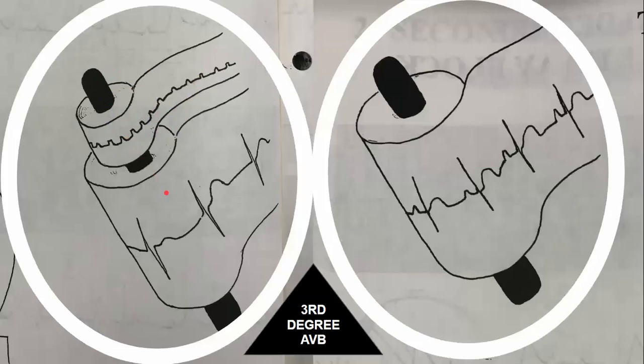The paper towel represents ventricular depolarization, by something that has depolarized the ventricles at some rate, either a junctional rhythm or a true ventricular rhythm, and the top represents atrial depolarization. Because you've got two different groupings here, it's dissociated. So we can pull the paper towels faster or slower than the ventricles.